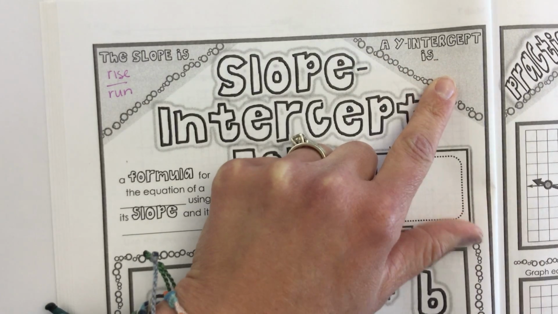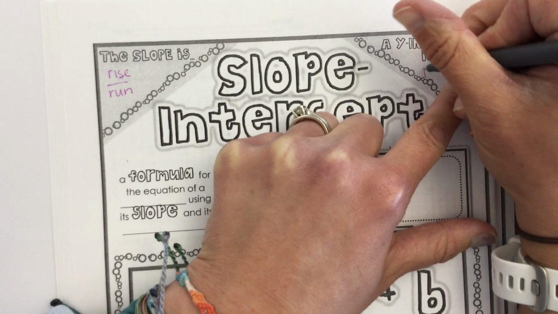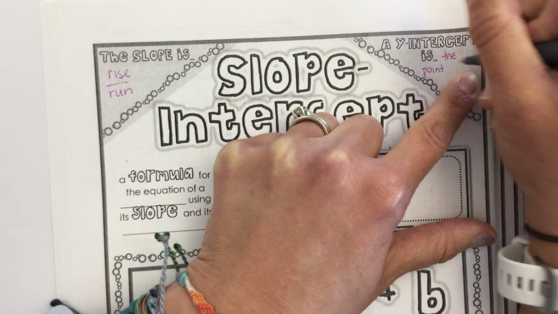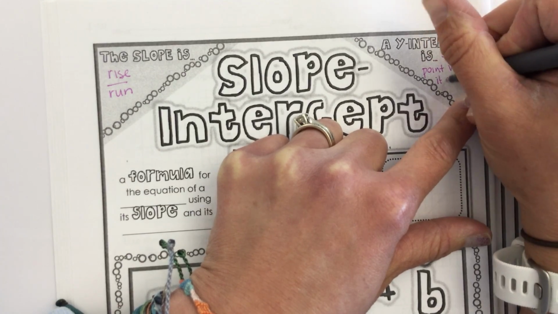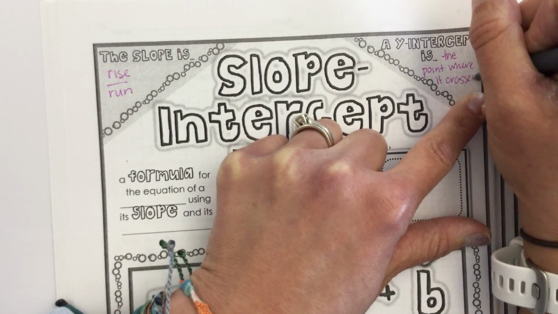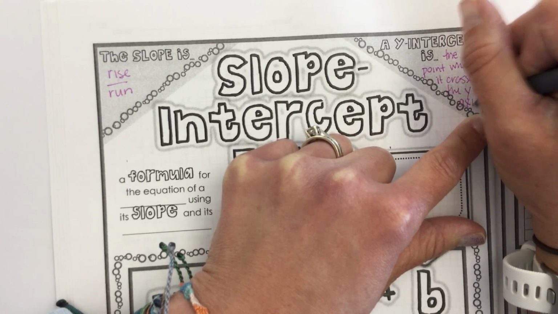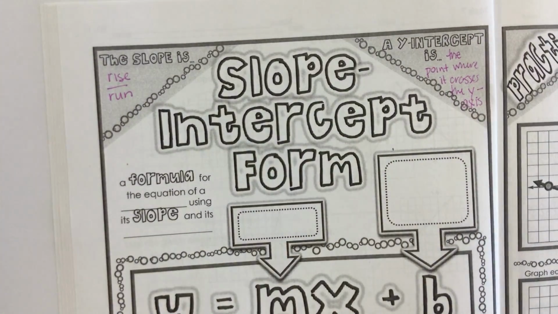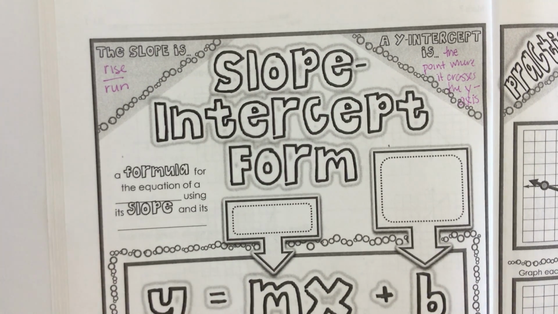So the slope is the rise over run. A y-intercept is the point where it crosses the y-axis. Sorry, that's kind of hard to put there. The point where it crosses the y-axis.